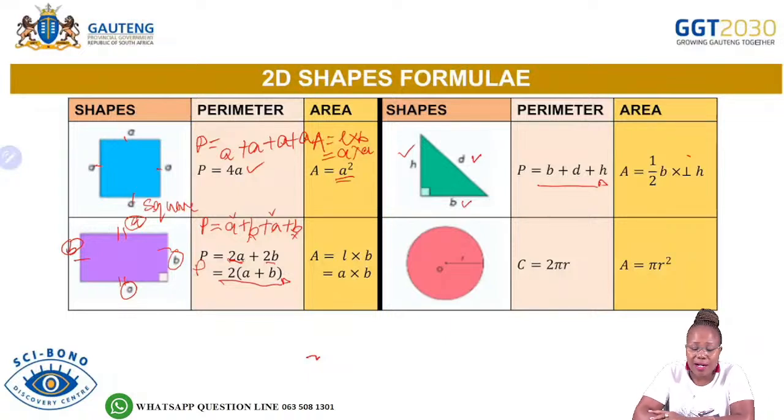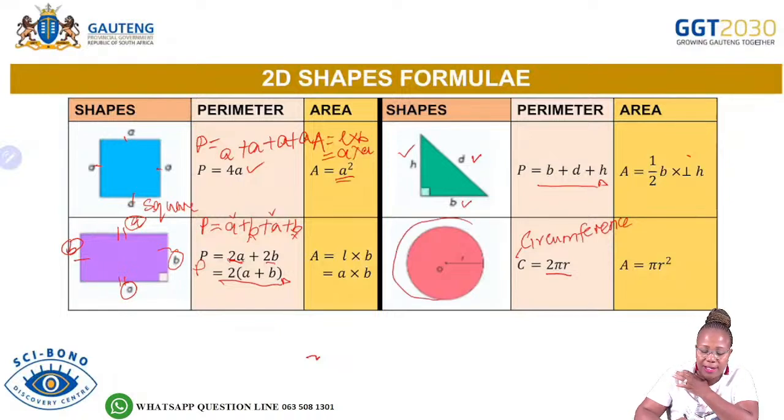Right, with the circle we are again talking about the perimeter, but it has a specific name, which is the circumference. The circumference of a circle has a specific formula, which is 2 pi r. Grade 12, always remember the circumference of a circle, that is the distance around this circle, is 2 pi r.